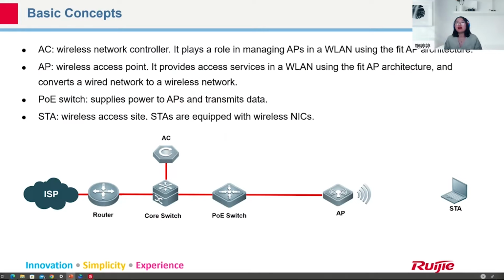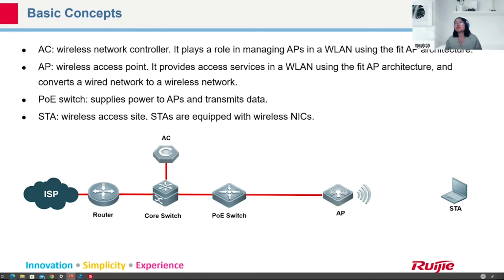The basic concept in our real network is very similar to this topology. We will have one router to connect with the ISP as an edge device to reach the internet. Maybe it's the radio edge device. And then it connects with the core switch, and with the PoE switch. The PoE switch is special because it is power over Ethernet.